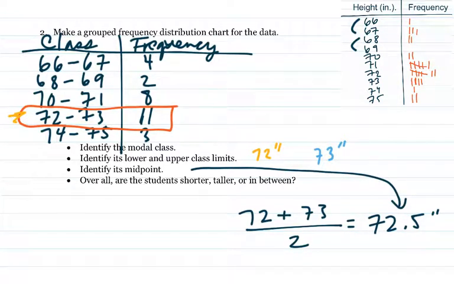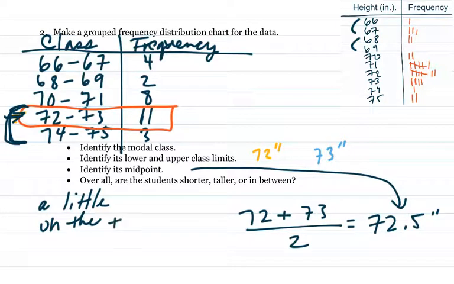And overall, are the students shorter, taller, or in between? Now, again, we run into that issue of it's all relative. Anna's still short, so all these people are going to be really tall compared to her. But if we're just comparing them to one another, like the group of these gentlemen, and determining are they on the tall side or the shorter side, because their modal class is a little bit heavier on the taller end, we could say that these gentlemen are a little on the tall side.